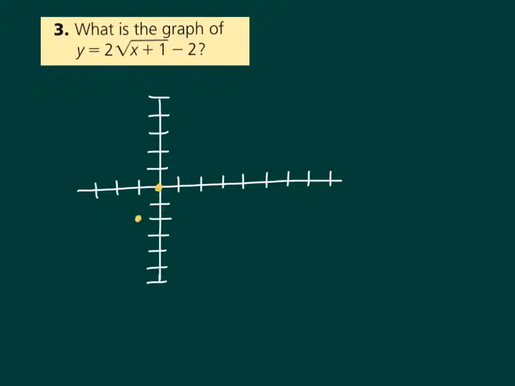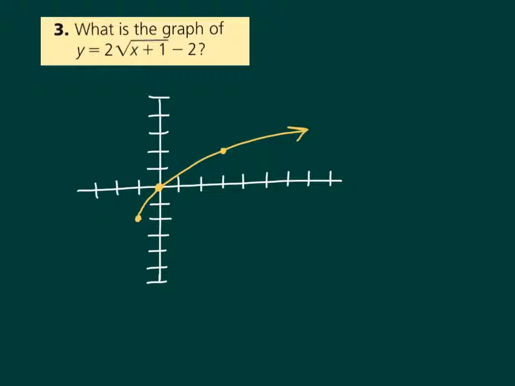We would be here. Again, pretending that this is the origin, my next point I would use would be 4. 1, 2, 3, 4. And it would be at 4, 2. But since we have a vertical stretch by a factor of 2, we're not at 4, 2. We're going to be at 4, 4, which is going to be here.